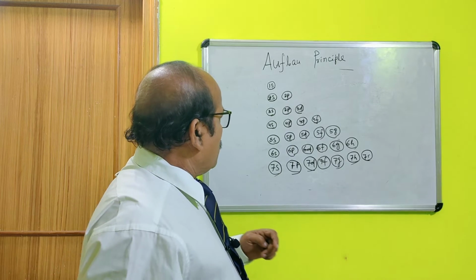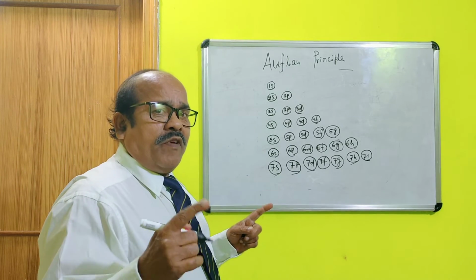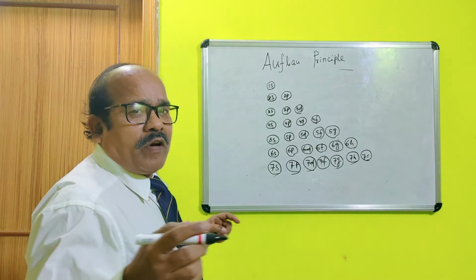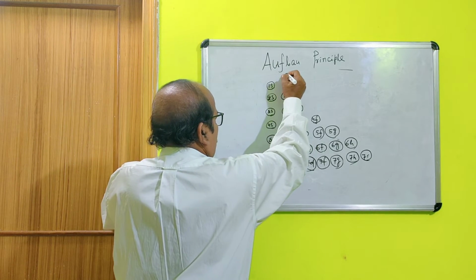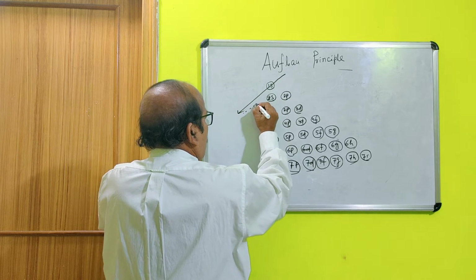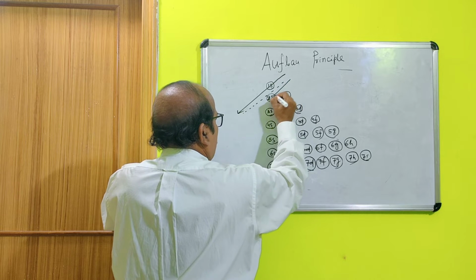Now, according to the Aufbau principle, electrons will be filled up, and electrons will go from lower energy level to higher energy level, like this.